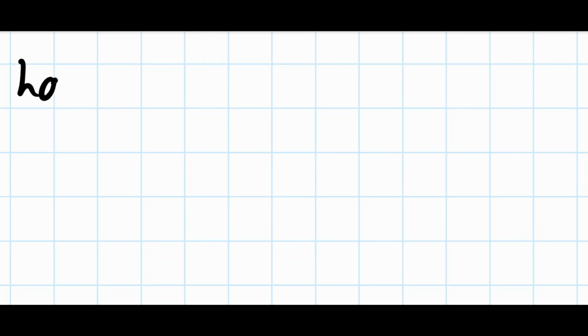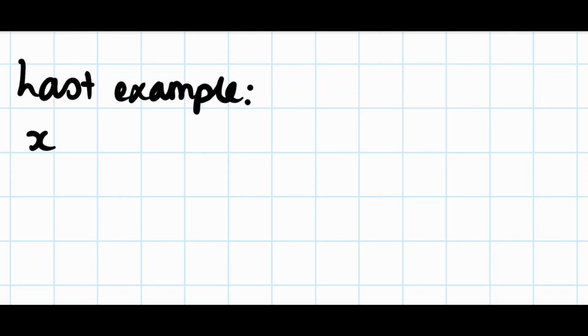Now then, we'll move to our last example of the video, which is a bit more complex. With this last example, we're going to be dealing with some unknown coefficients of our x's. So we're going to have x cubed plus 7x squared plus cx plus d.